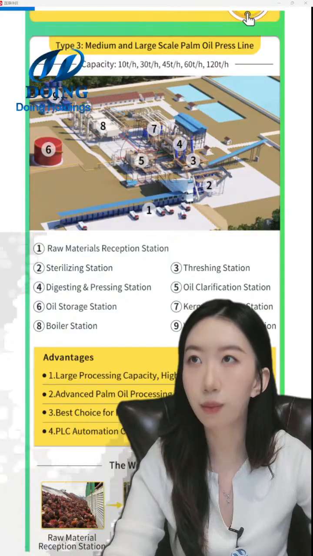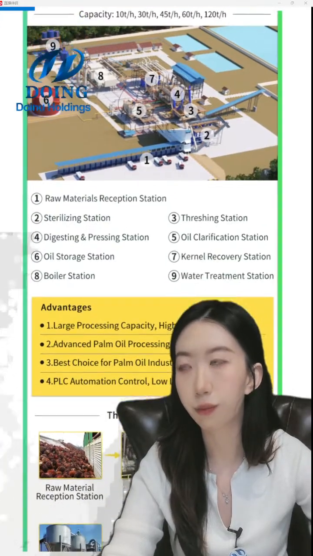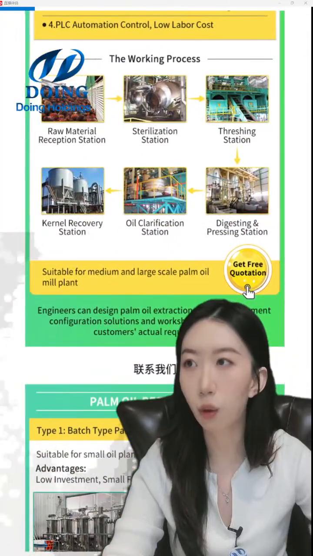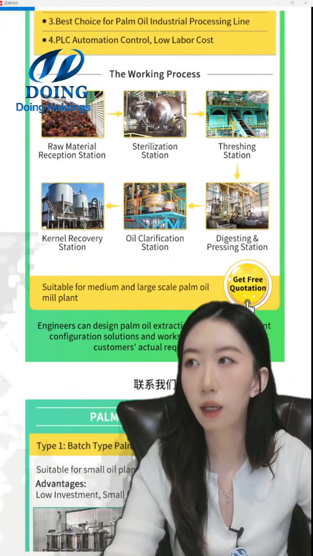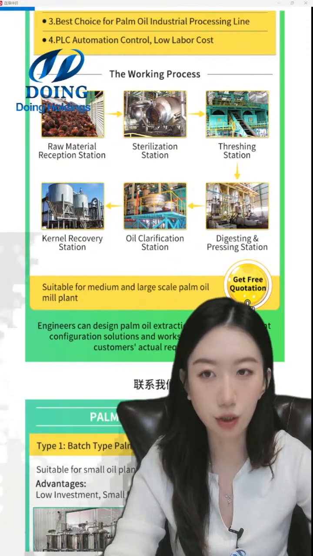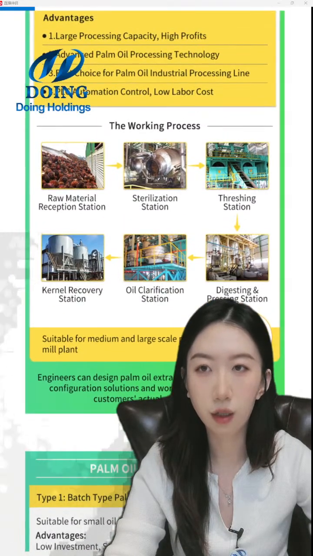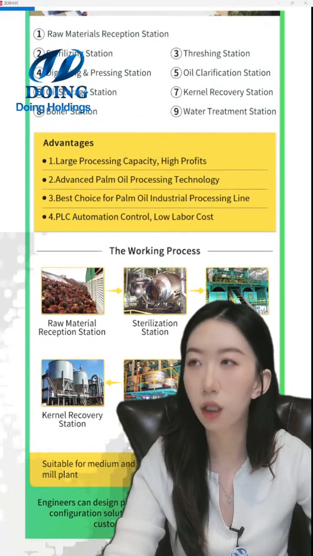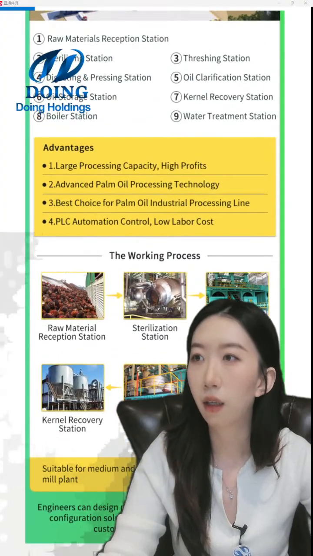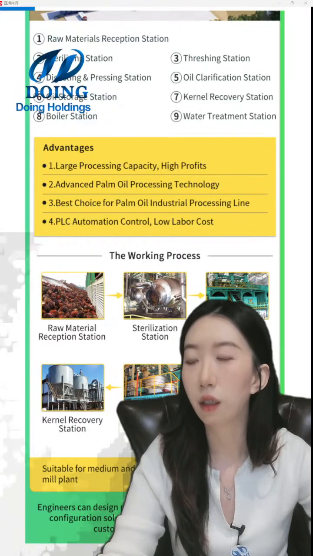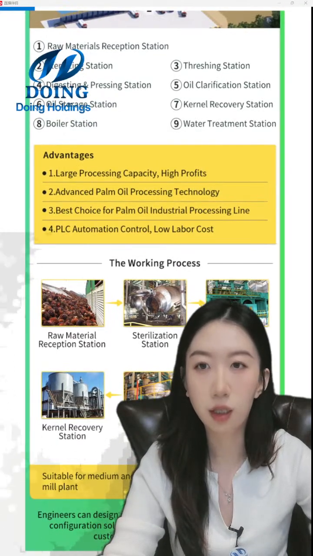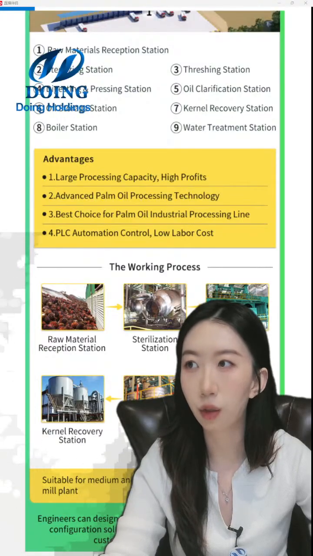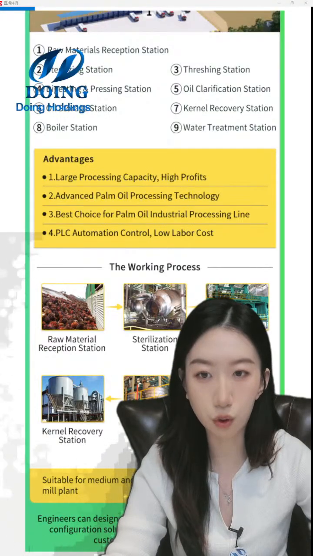And in this production line, its process is more complete, including the kernel recovery station. Its advantage is that it gives you high profits, and the entire process can use PLC automation control.